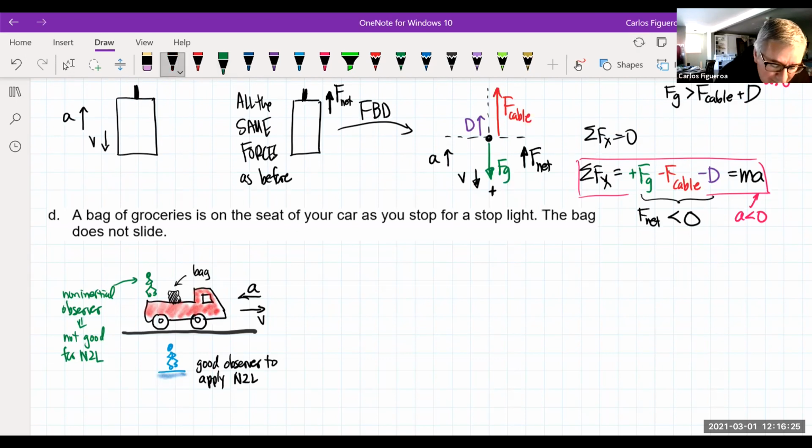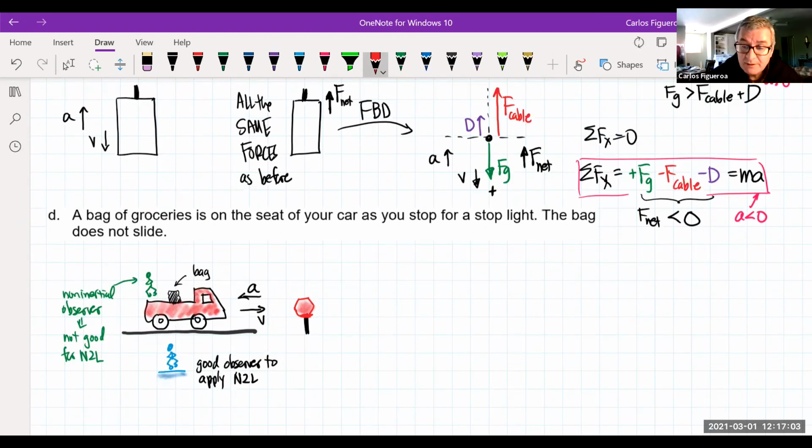The reason why I said that here is that, remember, if you're in your car and you apply the brakes, there is no cause to why your body moves forward, right? There is no way for you to say that there's a force being applied to make you go forward. So that's what I mean by a good versus a bad observer. So in this case, we know that this person is going to stop at this stop sign right here. And there's this deceleration.